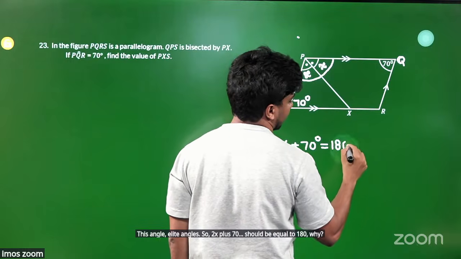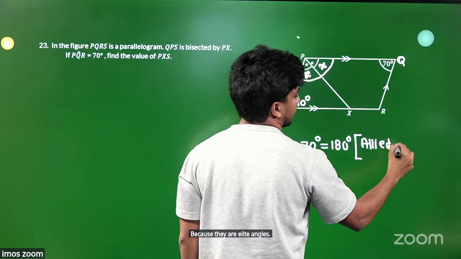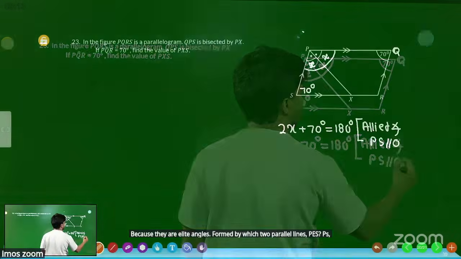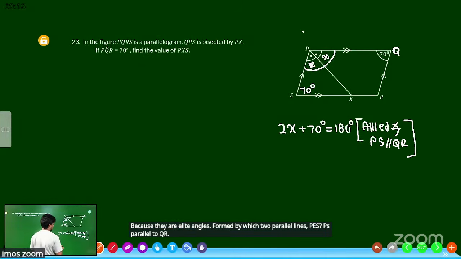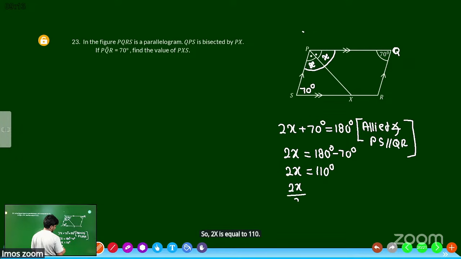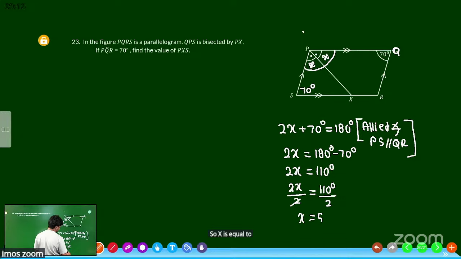Why? Because they are allied angles formed by the two parallel lines, PS parallel to QR. I take 70 to the other side, it becomes minus 70. So 2x is equal to 110. To make x the subject, I divide by 2. So x is equal to 55 degrees.